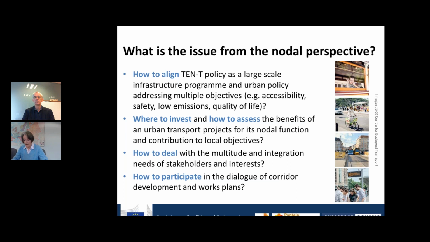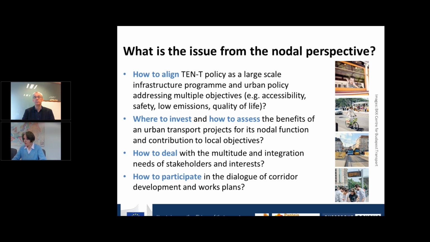So where to invest and how to assess the benefits of an urban transport project for its nodal function, and how does this measure and project contribute to local objectives. And according to this question, we will hear more from Jan Kiel, how to assess the benefits of projects, and how to deal with the multitude and integration needs of stakeholders and interests.